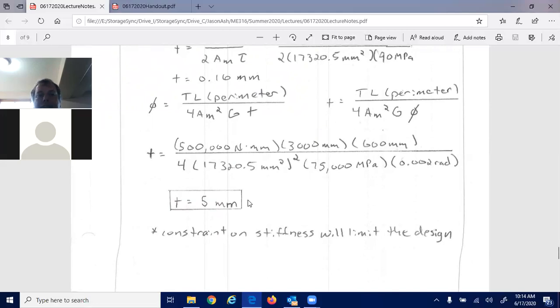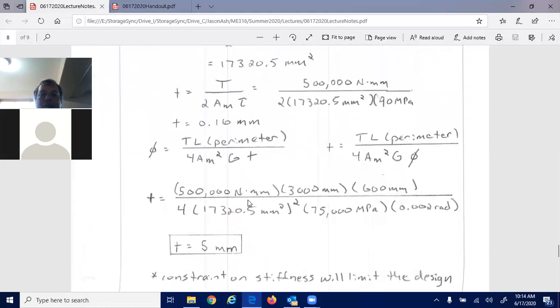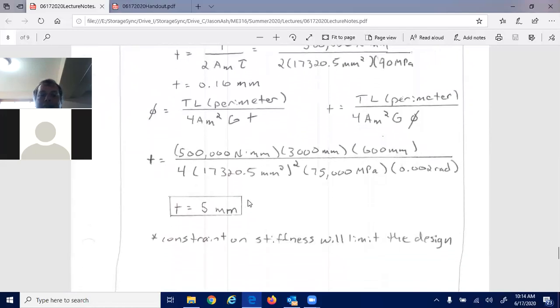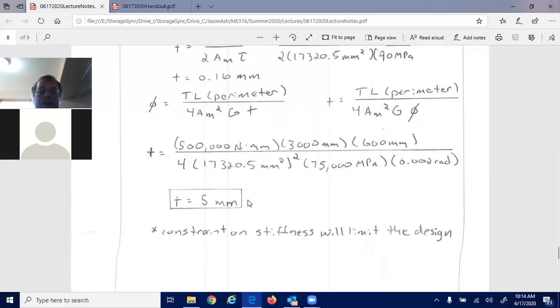The resulting shear stress is going to then be far less than the 90 megapascals that is allowed. And so that's kind of the process for using shear flow just for normal non-circular shapes, and using the mean area method.